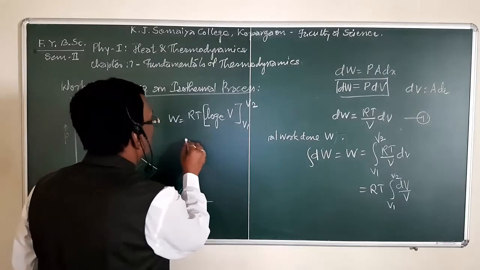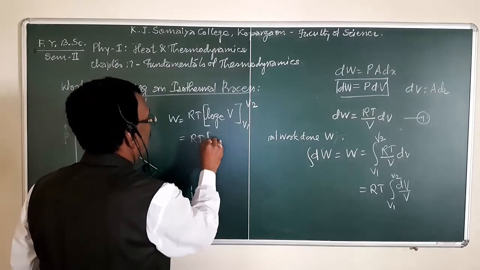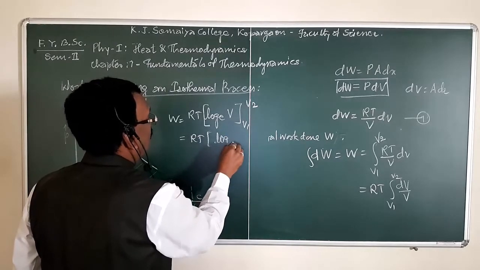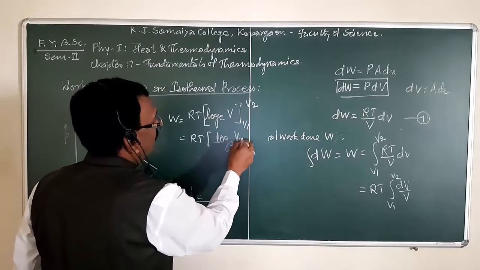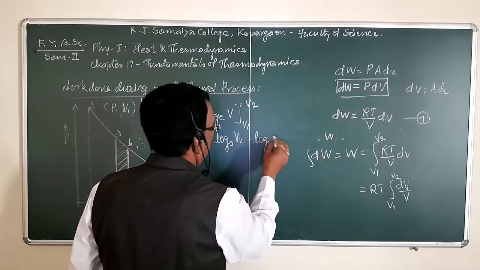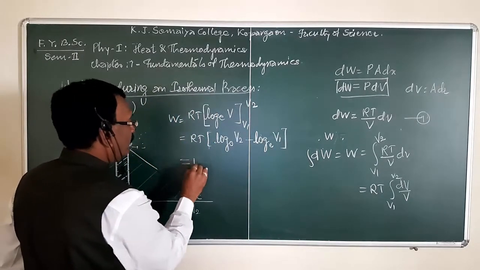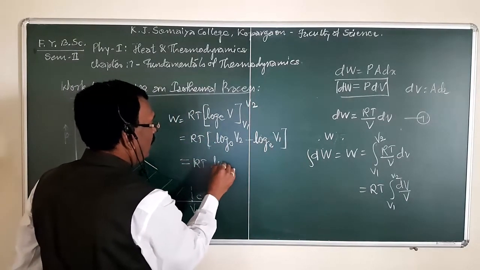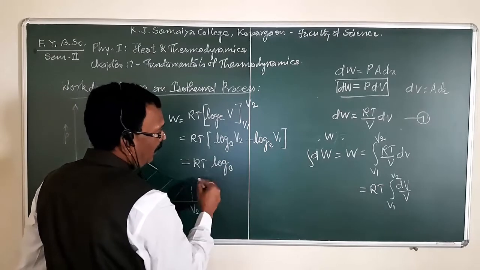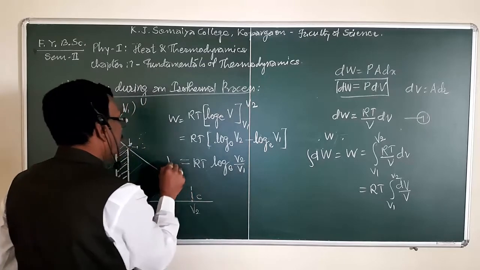Again solve this. We have RT log base e V2 for the upper limit, minus natural logarithm of V1. Again solving this, we have RT natural logarithm of V2 upon V1.